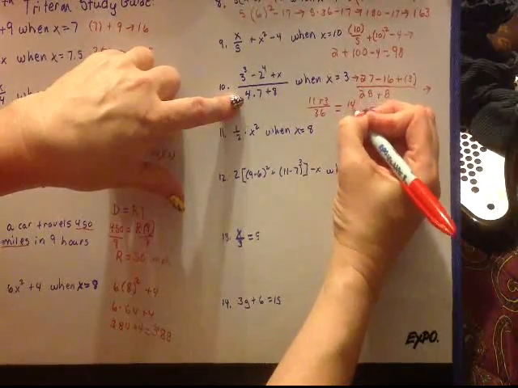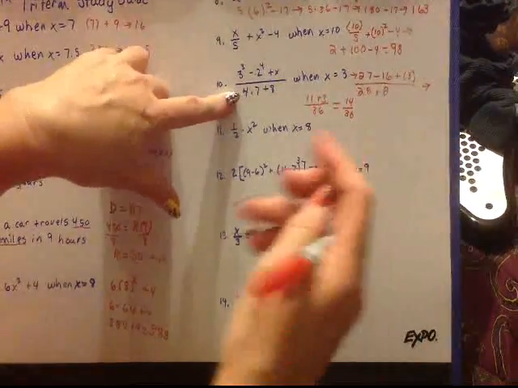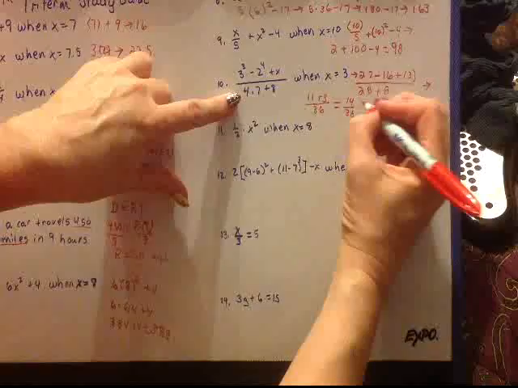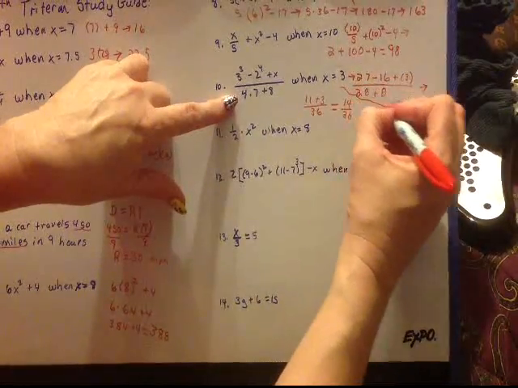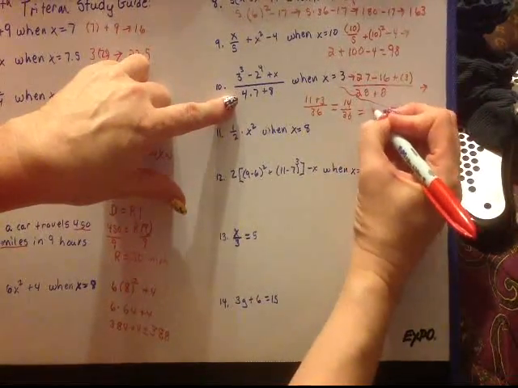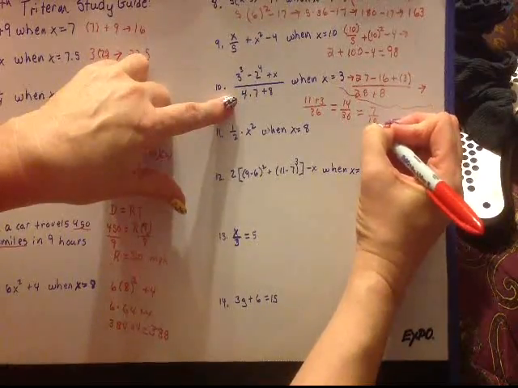So now we have 14 over 36, which does simplify to 7 over 18. I'm going to draw a little line there. And that's as simplified as that will go.